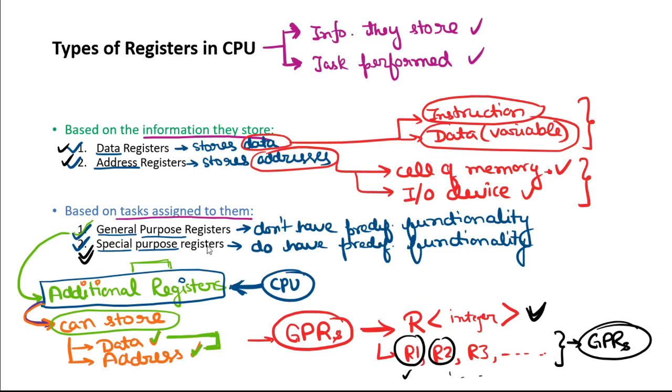Now special purpose registers. Okay, again, special purpose registers already have their predefined functionalities. They have certain predefined functionalities, right? Therefore, they can store either data or address, but not both.